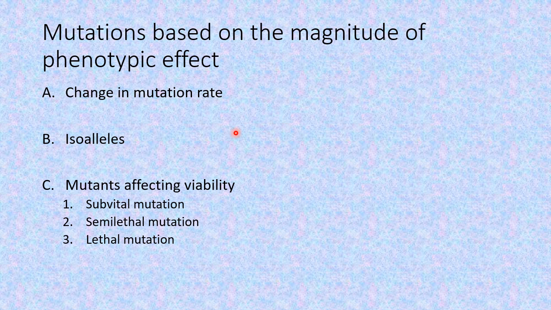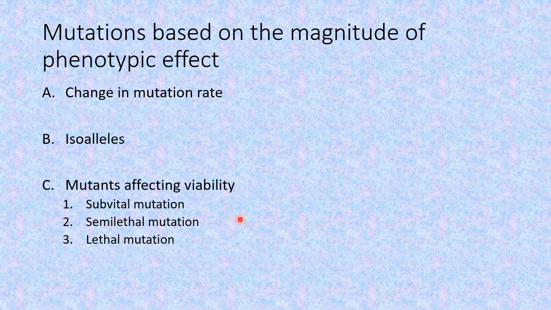And if these two alleles are present together, the phenotype produced will be of wild type. However, if the mutated allele pairs with some other allele, then the phenotype changes. So this type of mutation generates isoalleles.